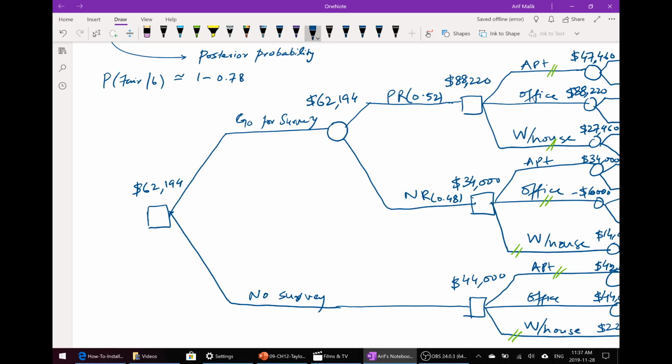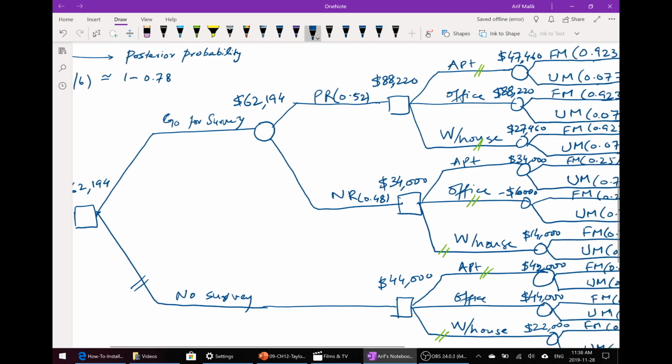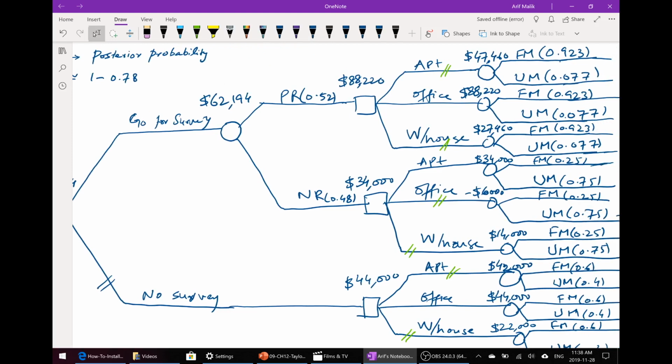As we can see, the maximum expected value is coming from going for survey, so no survey is discarded, which means we will take the decision to go for survey, go for the reports from consultants. We may have to pay $1,000 for that, and then if the survey gives a positive report, we will invest in office, etc. So these are sequential decisions.